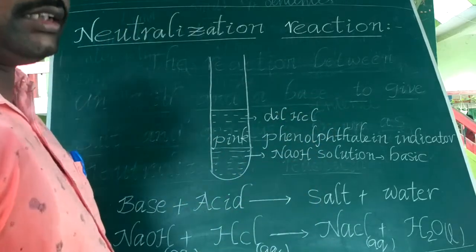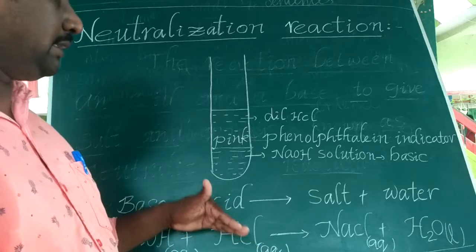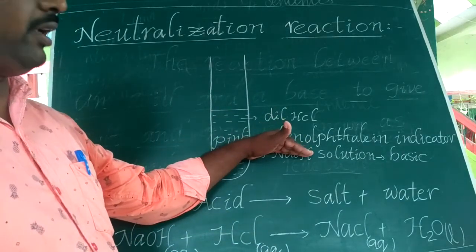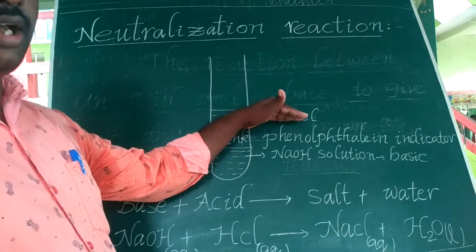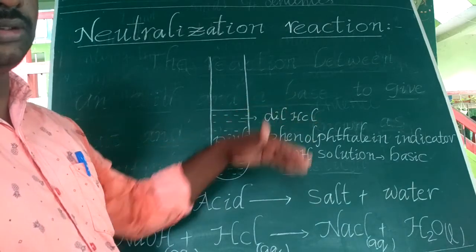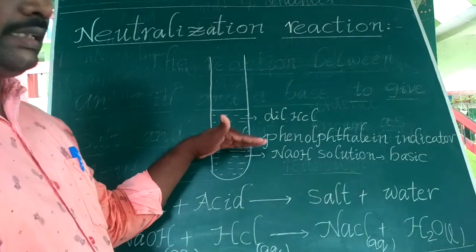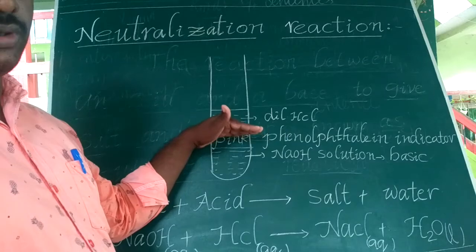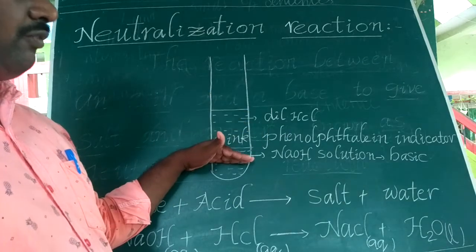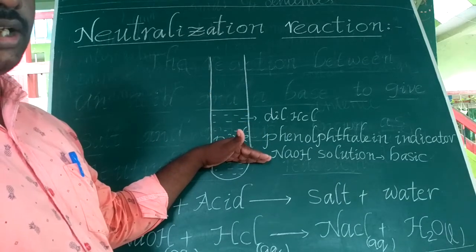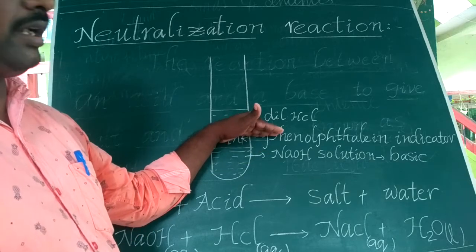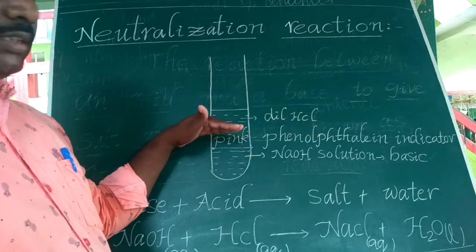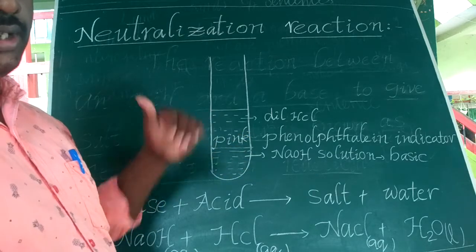The pink color disappears when adding dilute hydrochloric acid solution. What is the reason? Because the base sodium hydroxide is neutralized by the acid. So that's why the pink color disappears.